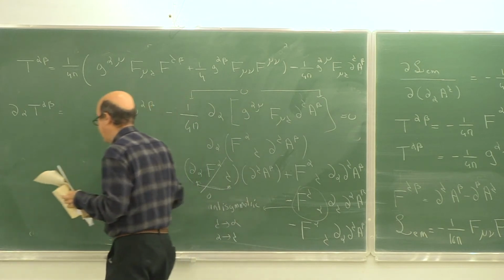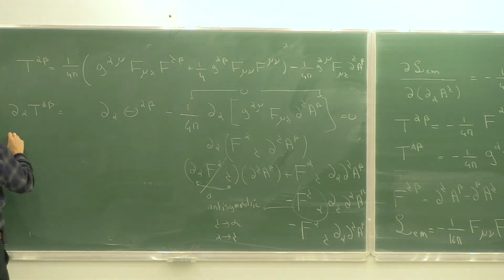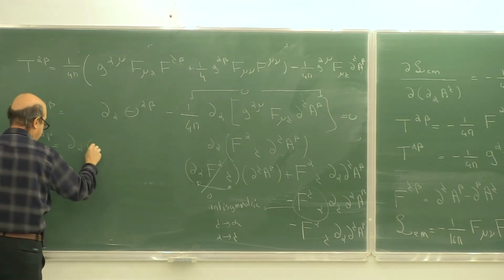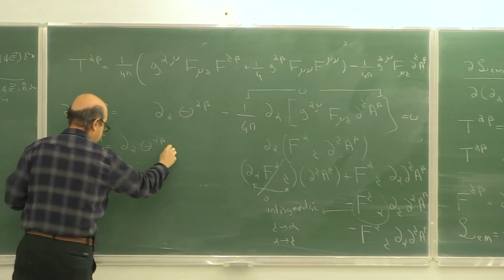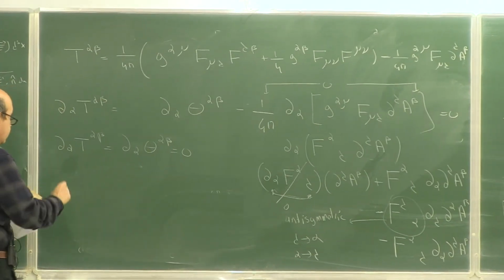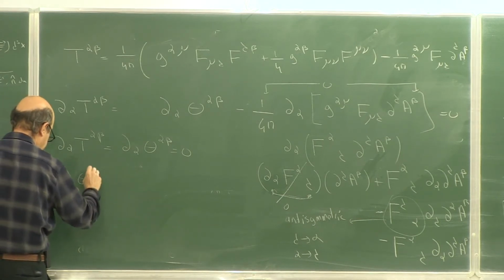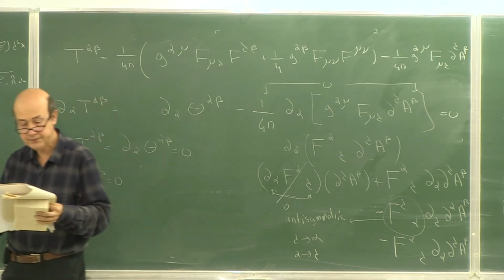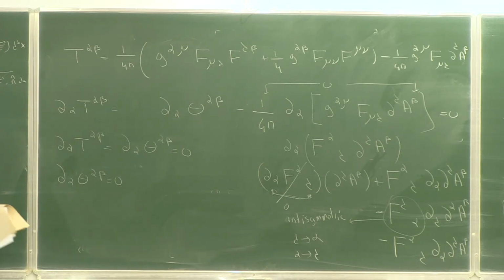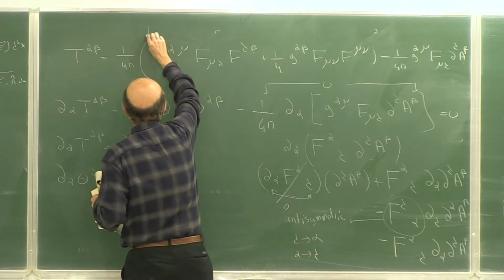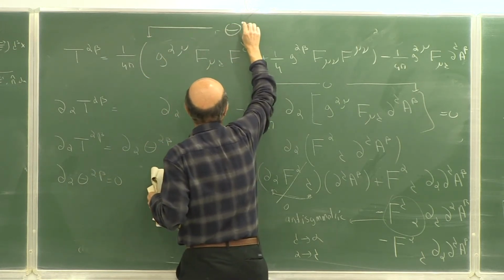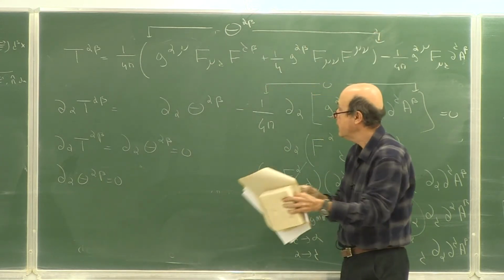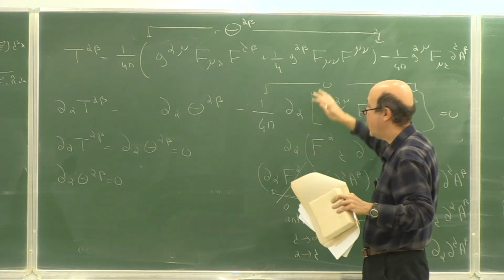This is 0, and that means that del alpha T alpha beta, del alpha theta alpha beta is equal to 0, and basically del alpha theta alpha beta is equal to 0. And what are the elements of the theta alpha beta? I call this piece theta alpha beta. They are gauge invariant.